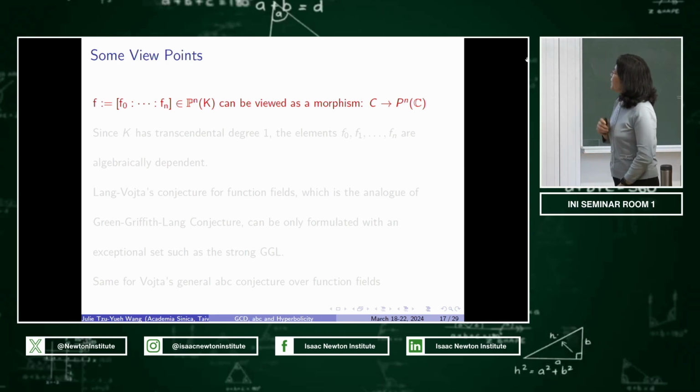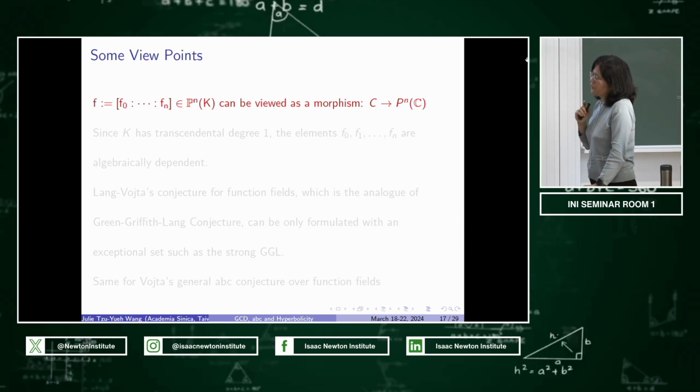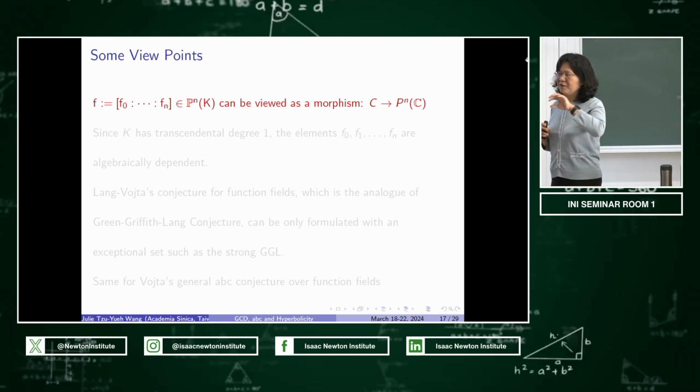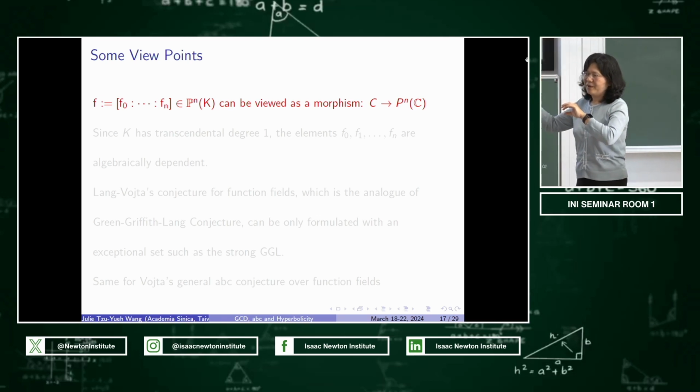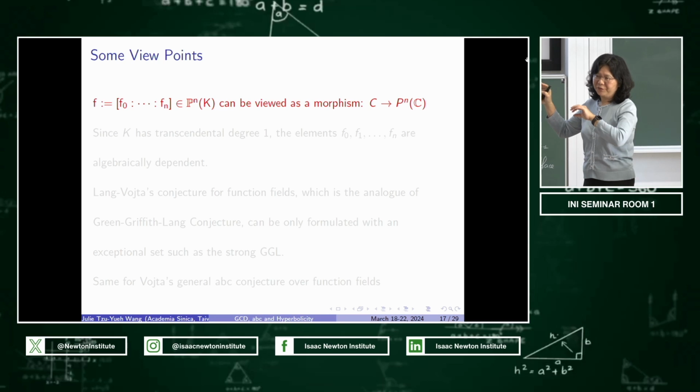So the point is here. For function fields, there are two viewpoints. A function field is something in between a number field and Nevanlinna theory for complex functions. On one hand, because you see this valuation, since you have a product formula, the number of zeros equals the number of poles.